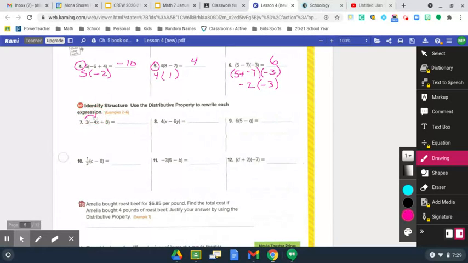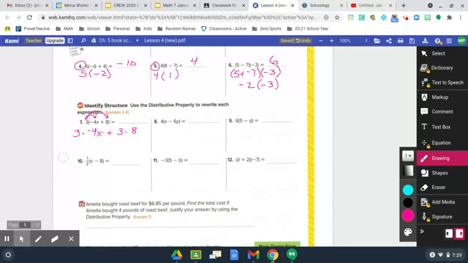And so you'll see me do 3 times each value inside. 3 times negative 4x plus 3 times 8.